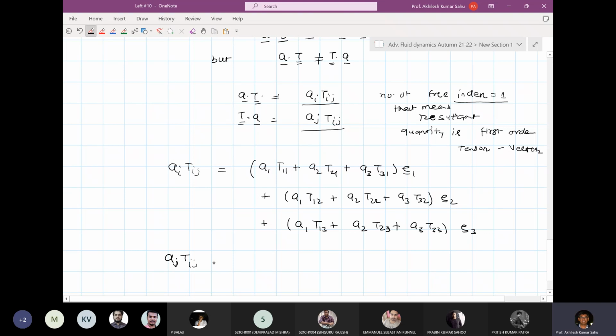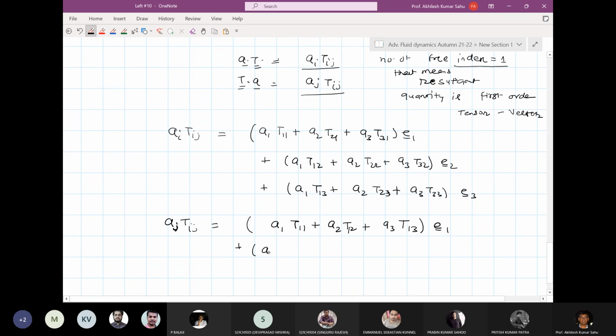And a_j T_ij will be (A1 T11 plus A2 T12 plus A3 T13) E1 plus (A1 T21 plus A2 T22 plus A3 T23) E2 plus (A1 T31 plus A2 T32 plus A3 T33) E3, right?